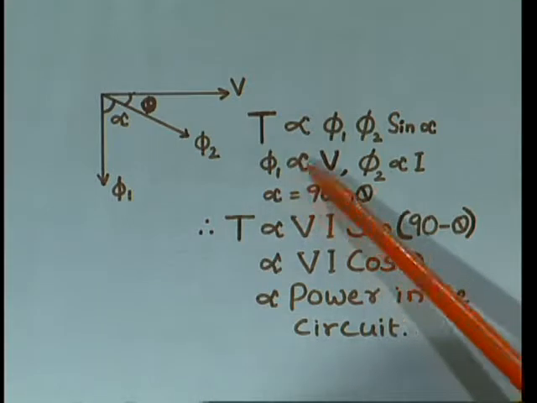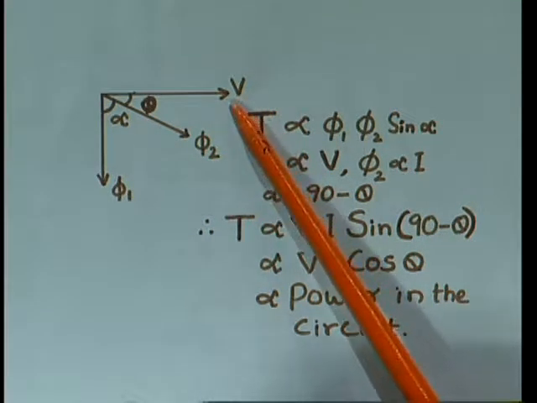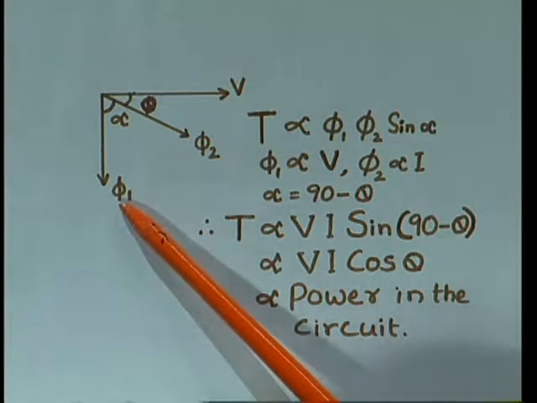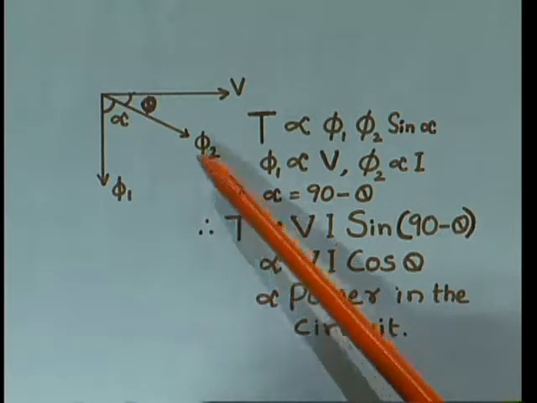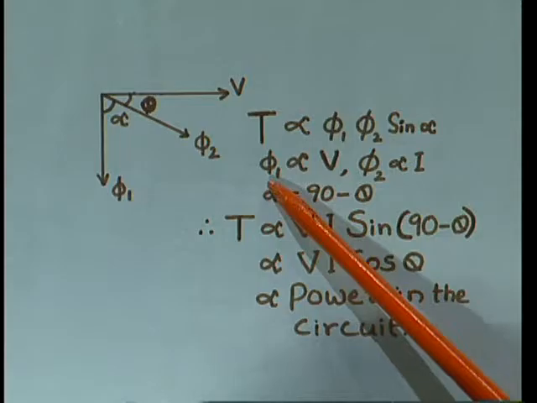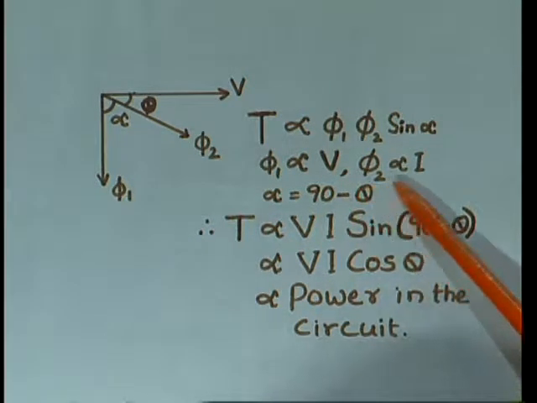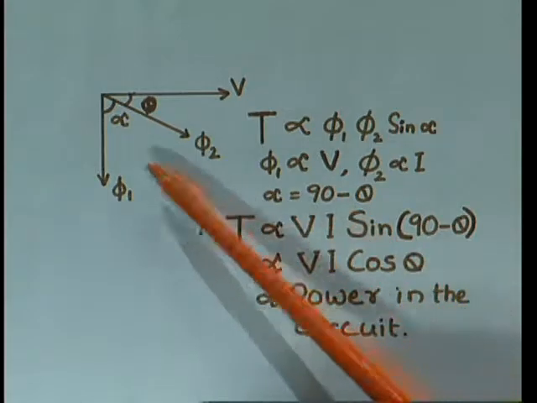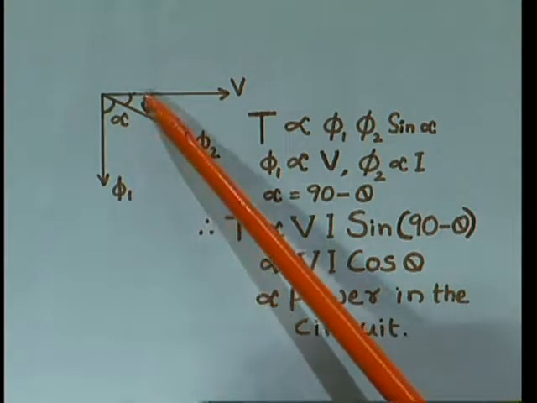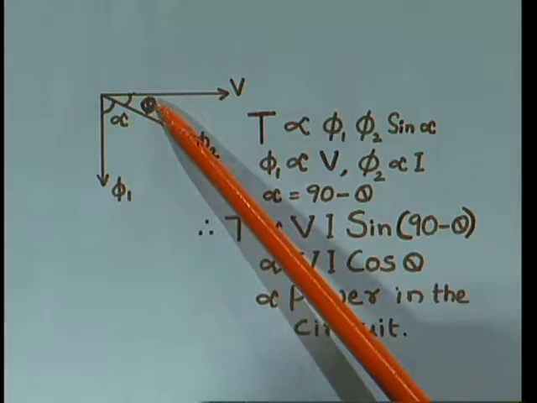Phi 1 is proportional to V, phi 2 is proportional to I, and alpha we can write as 90 minus theta.